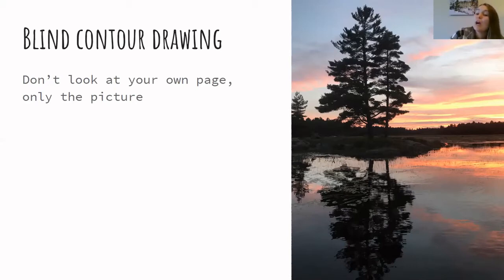Just try not looking at the paper. It's obviously not going to look that great, but that's kind of the point. You just want to get out of your head and draw what you see rather than what you're thinking. You're going to focus on all the little shapes.